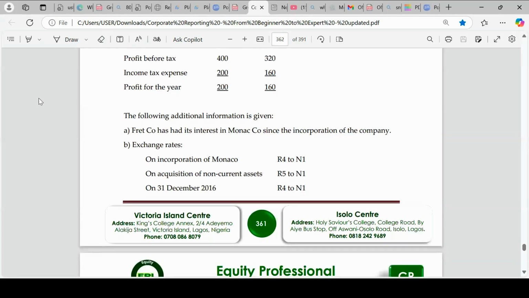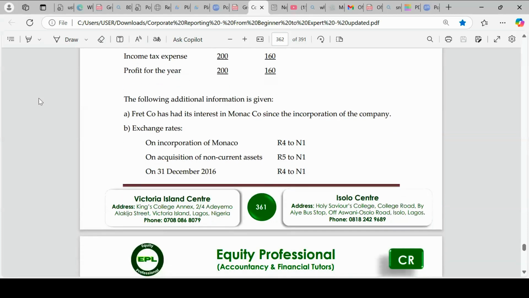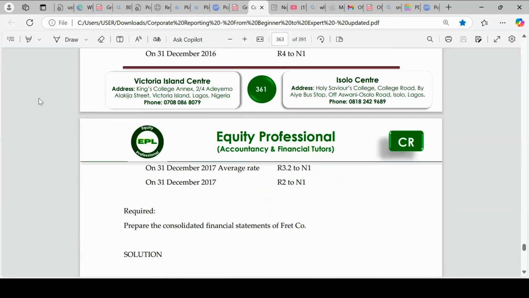We're told the exchange rates for these various dates: the date of incorporation of Monarch, the date of acquisition of non-current assets, 31st December 2016 close rate, 31st December 2017 average rate, and 31st December 2017 close rate.